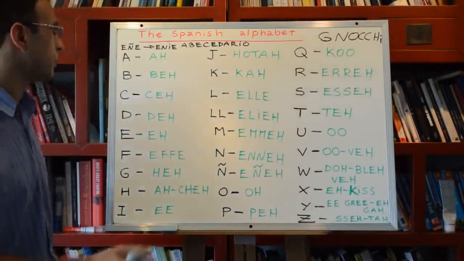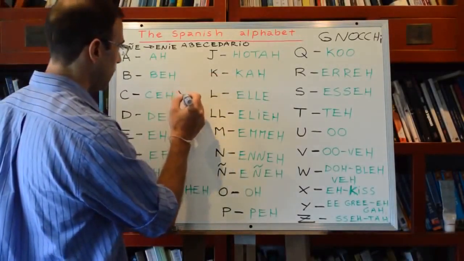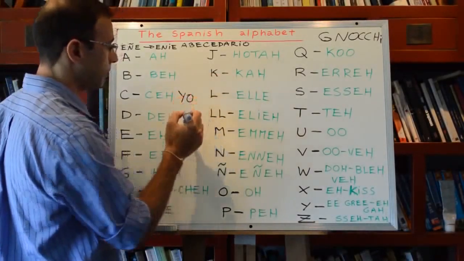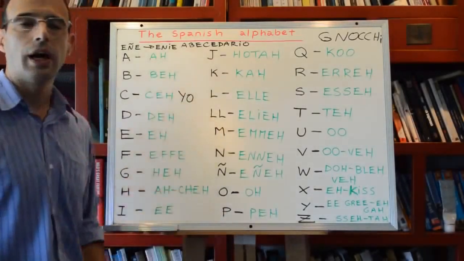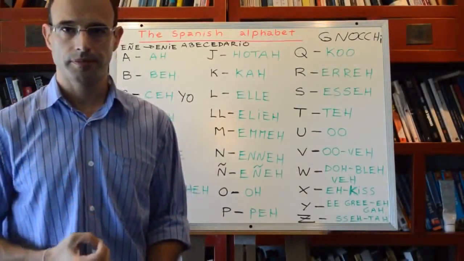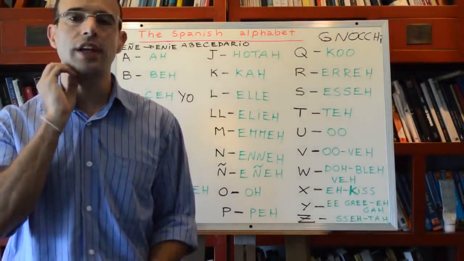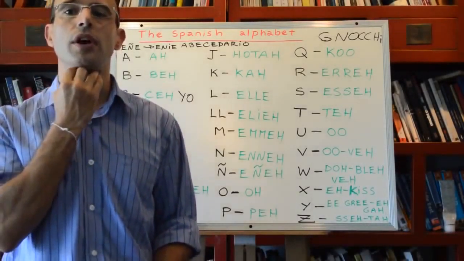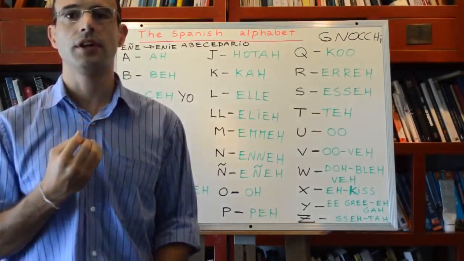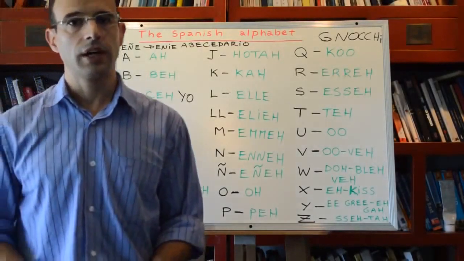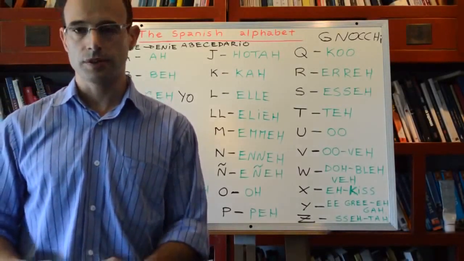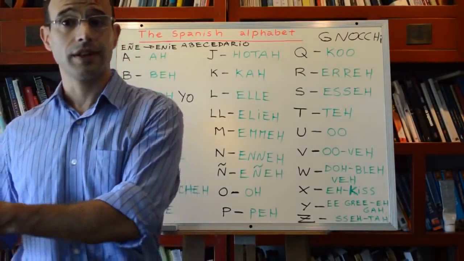So, for example, the pronoun I in Spanish is "yo". How do you pronounce that Y? It's like if you were unsticking the back of your tongue from your upper palate. I often hear that English speakers have a hard time pronouncing that.